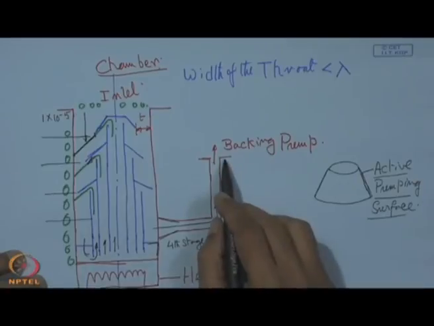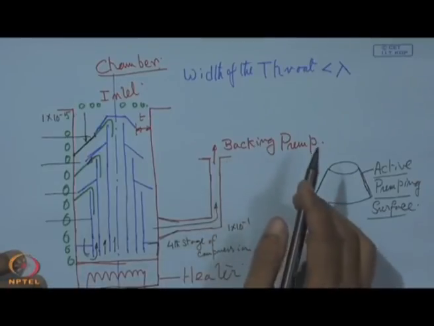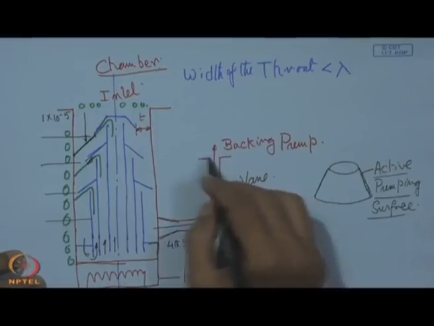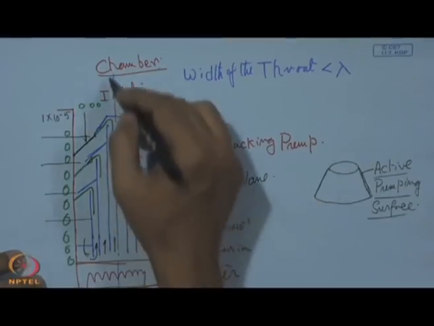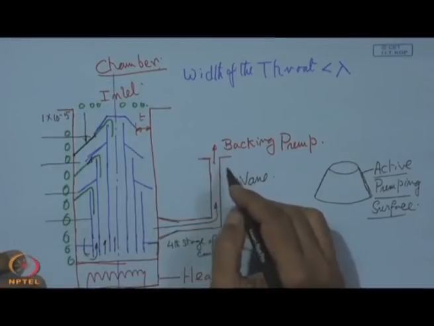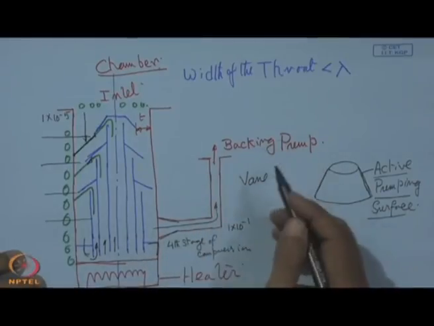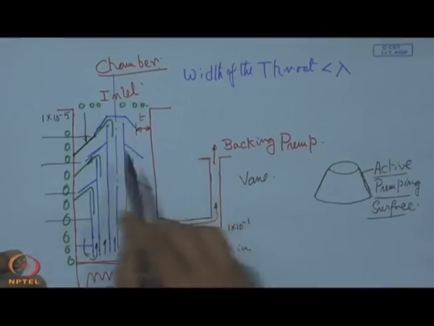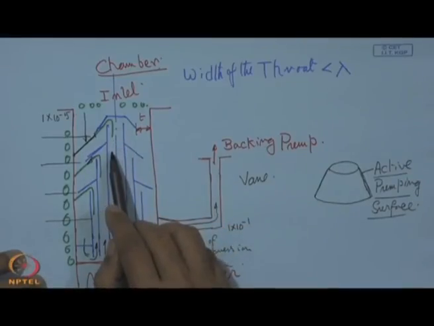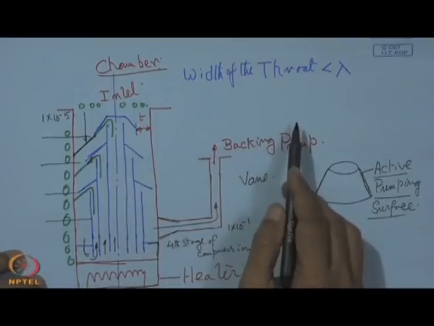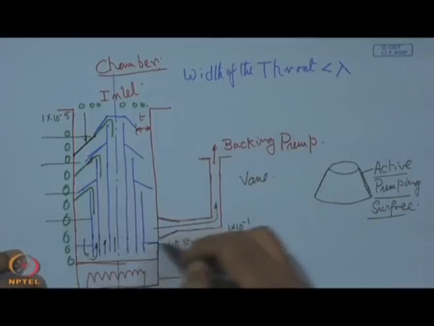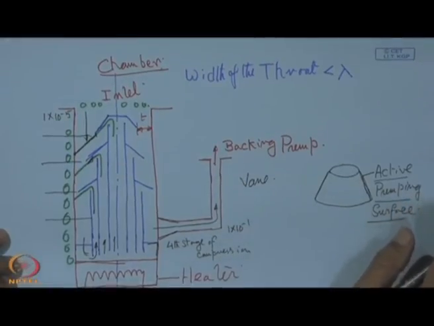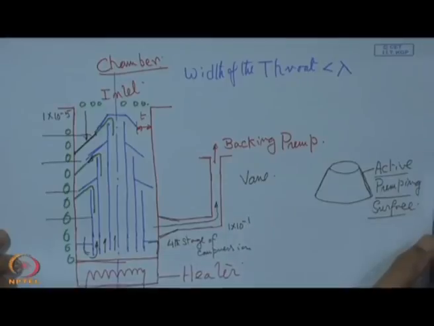From this we need a backing pump, for example a vane pump, which will be connected here. That will be a backing line, which has already been discussed in previous lectures. The total system consisting of the diffusion pump and a mechanical pump constitutes the backing line. This is how the diffusion pump works.